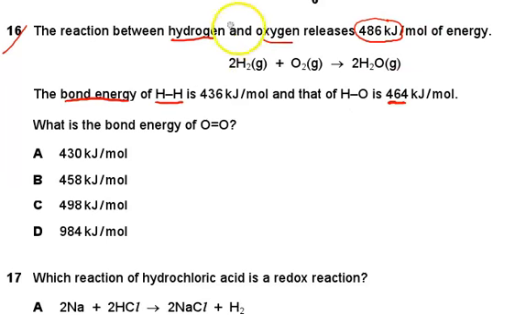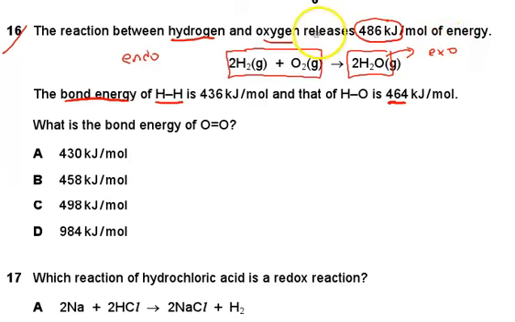Here this is endothermic because the energy will be absorbed to break the bonding. Here is under formation. Formation will be exothermic. So when it releases heat, it will be negative. So let us make it into a calculation here.